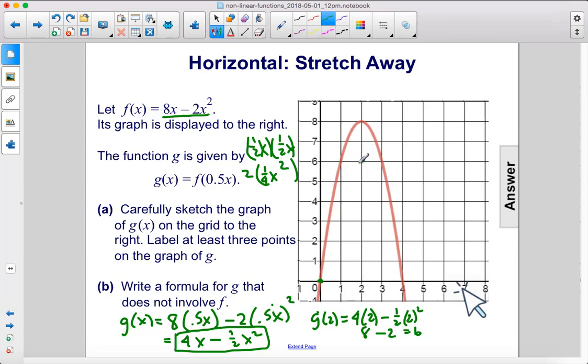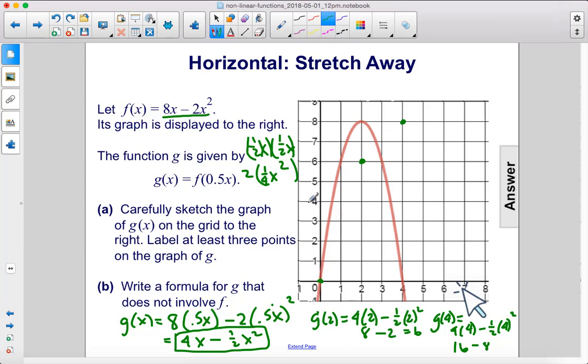So now this point is here. Alright, let's try at g of 4. We have 4 times 4 minus 1/2 times 4 squared. So that's 16 minus 8. So that would be 8. So look, the vertex of this parabola has just moved over away from the y-axis.